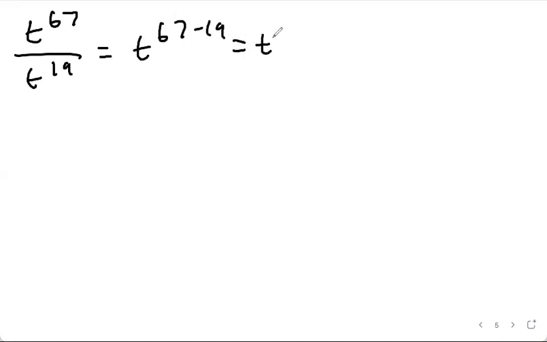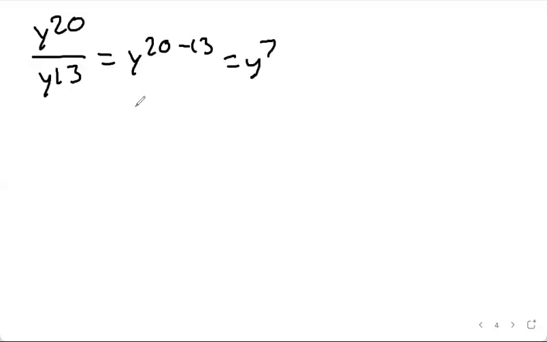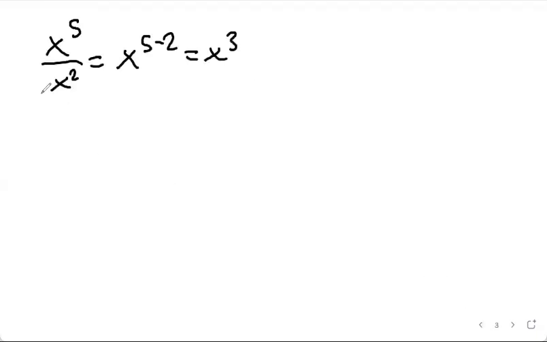And what is 67 minus 19? I think that's 48. Yeah, so the reason why you can subtract the exponents here is because the bases are the same. So here the bases are both t's, here the bases are both y's, and here the bases are both x's. But let's explore that a little bit further.